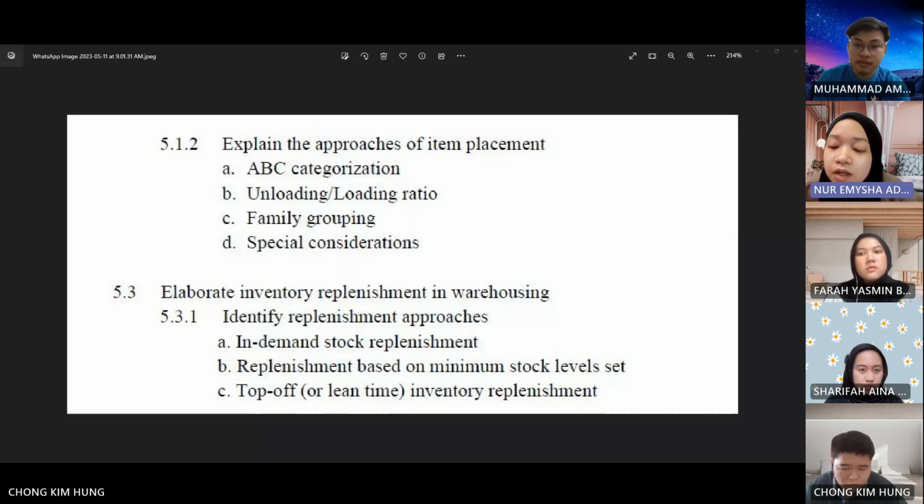Alright, last but not least is top-off inventory replenishment. The top-off replenishment model uses a similar min/max data source as the min/max replenishment model and usually runs on a set schedule or batch release by area, line, or product.